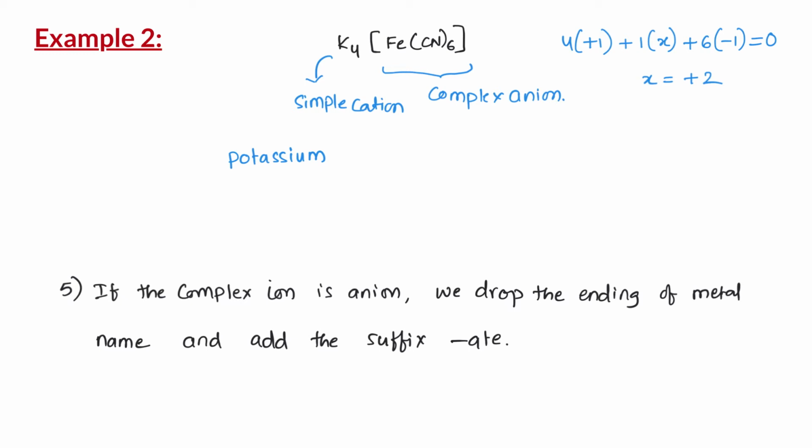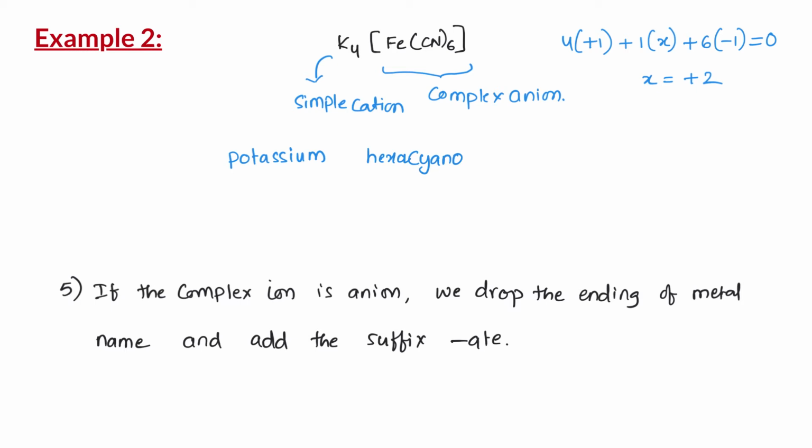When we name a complex ion, we name the ligands first and then the metal ion. We have 6 cyanide ions, and the name of these ions as ligands is cyano. And we have 6 of them, therefore we use the prefix hexa. So it is hexacyano followed by iron.